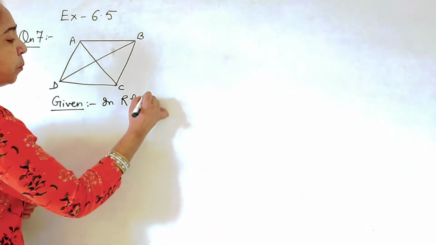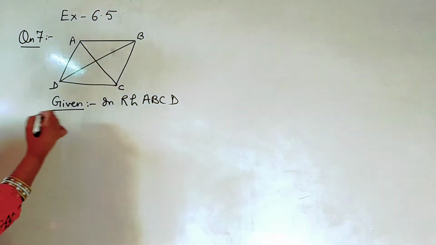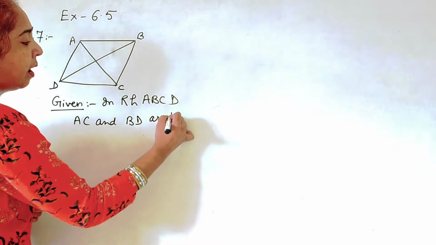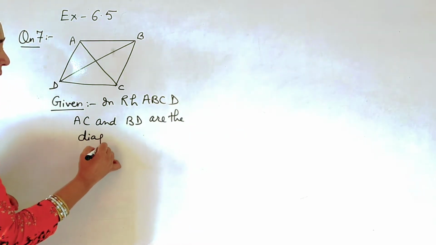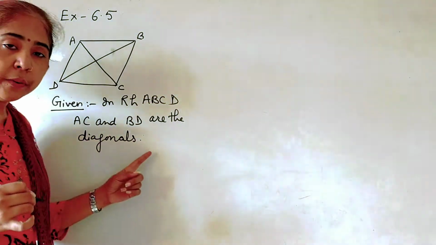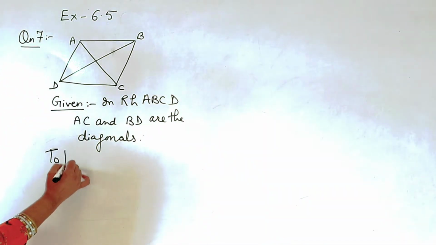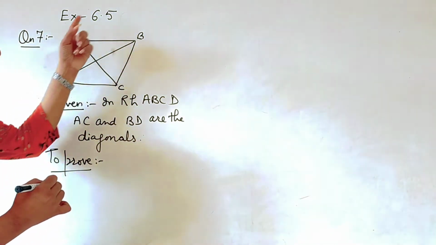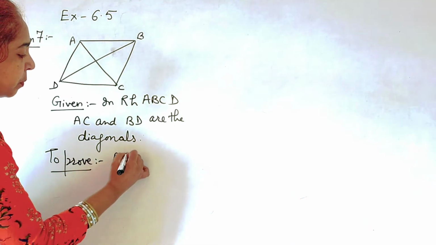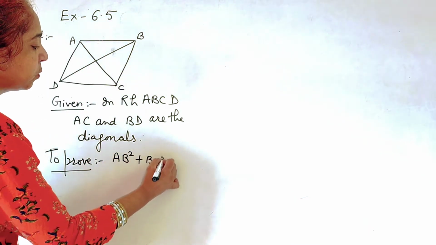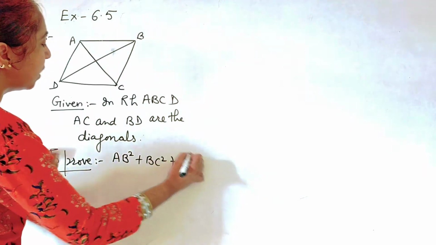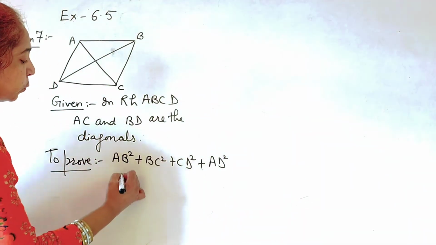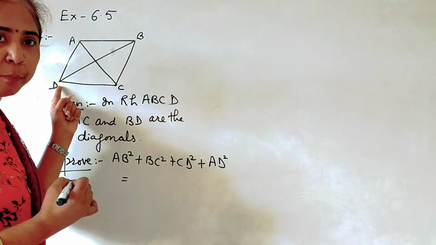In rhombus ABCD, AC and BD are the diagonals. And to prove, you have to prove that the sum of the squares of all four sides, that is AB square plus BC square plus CD square plus AD square, is equal to AC square plus BD square.